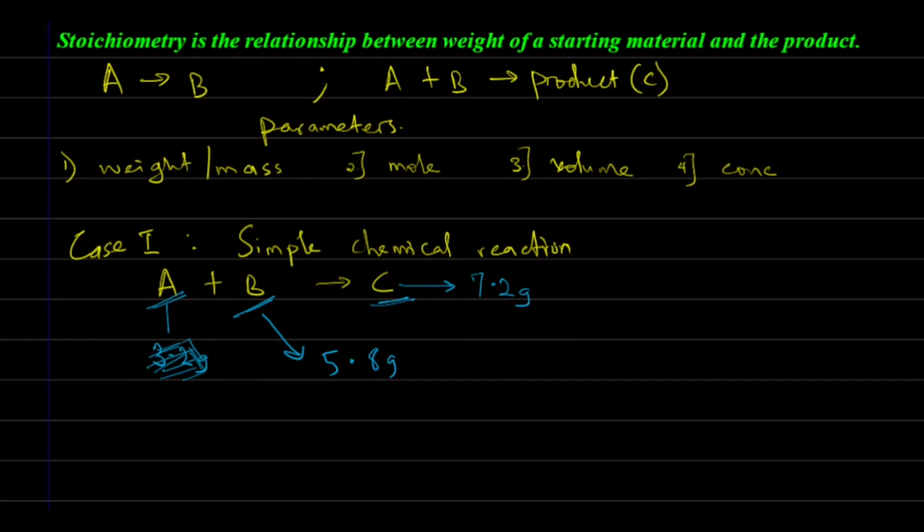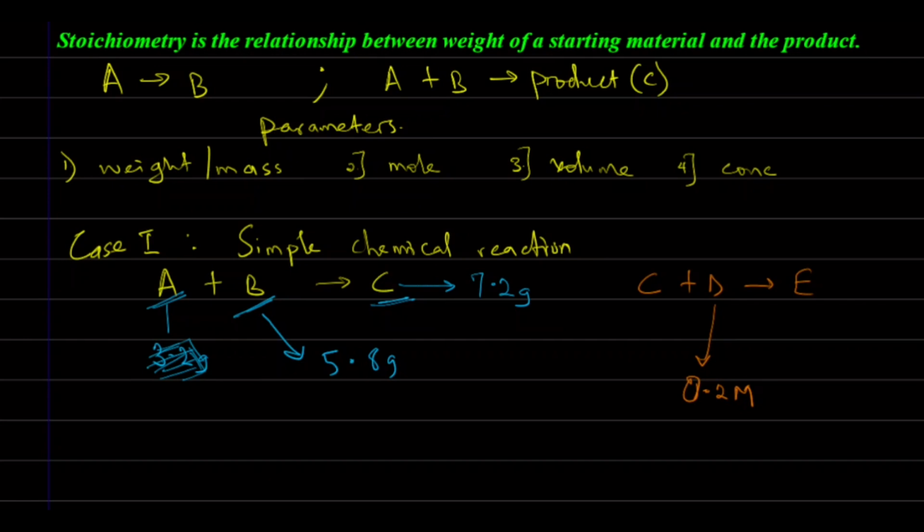Another example, let's say we have C plus D giving E as product. We can also be given the concentration of D, for example, 0.2 molar. We have considered concentration in the previous videos, so you can feel free to check it out so as to help you understand what we are doing in this video.